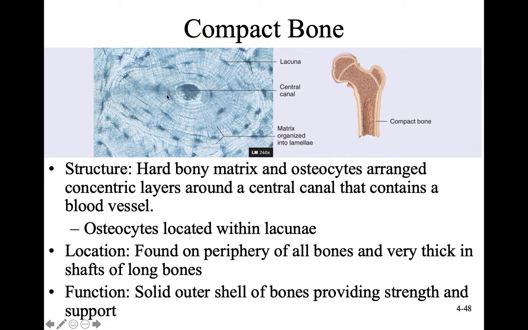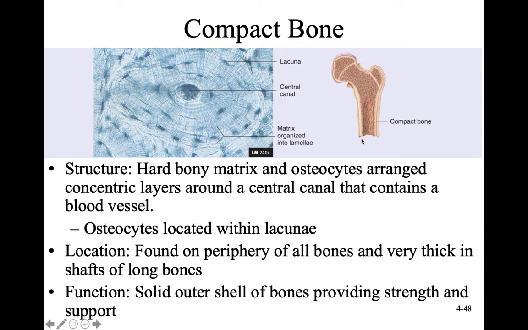The cells themselves are located within the lacunae. These are the osteocytes here. Running from the central canal where there's blood, we are actually going to have little tiny canals called canaliculi that are going to carry nutrients from the central canal all the way to our osteocytes located within those lacunae.